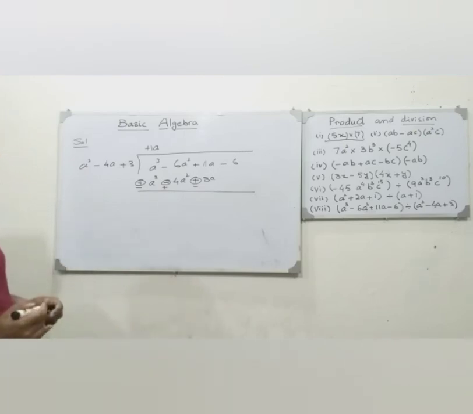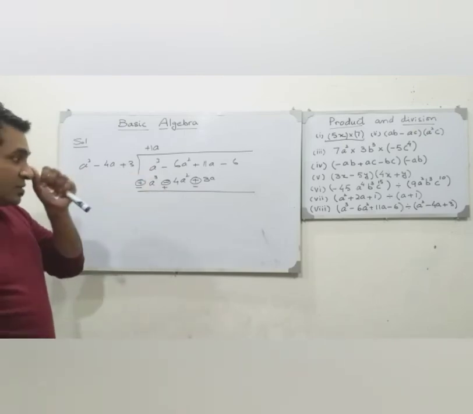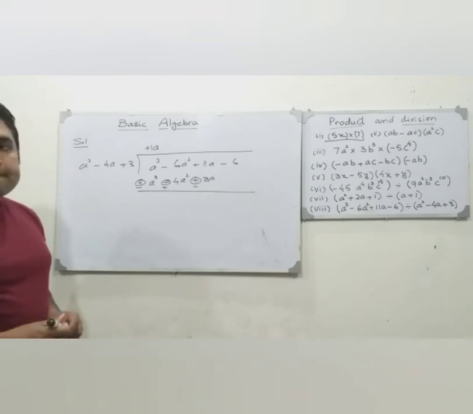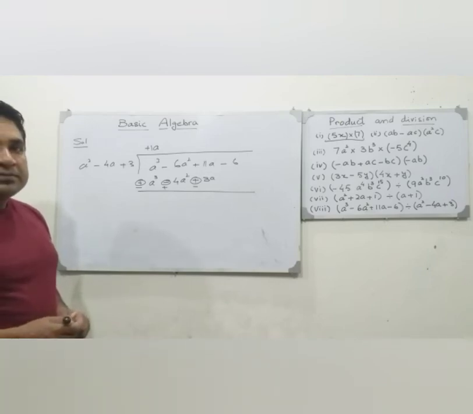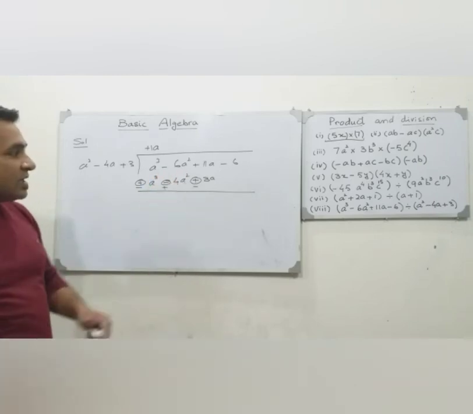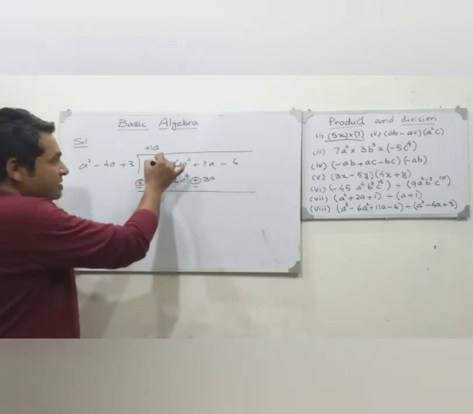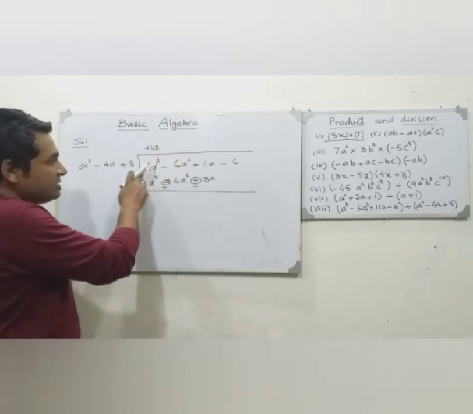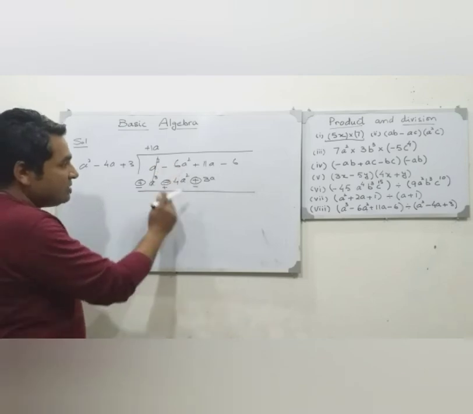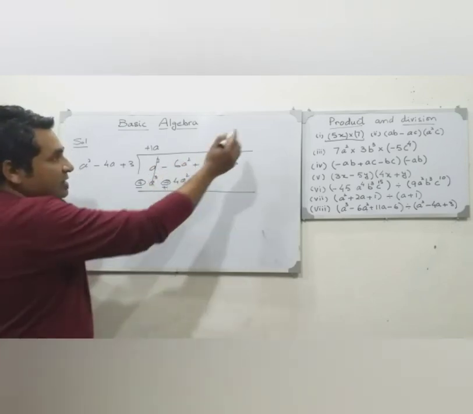Now I think that you can solve it, so quickly solve it. I'm waiting. So I hope that you all are getting the same answer as I am getting here. So it will cancel because these both are same, they both cancel each other. This is negative, this is positive.